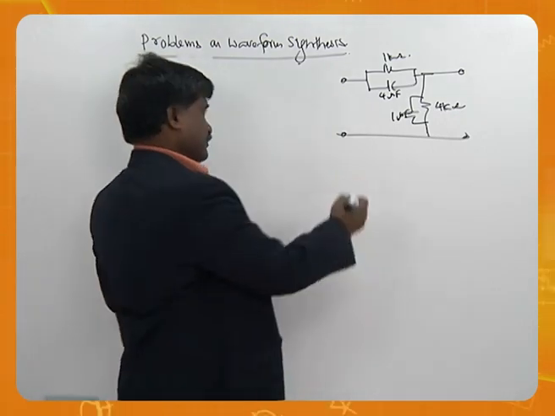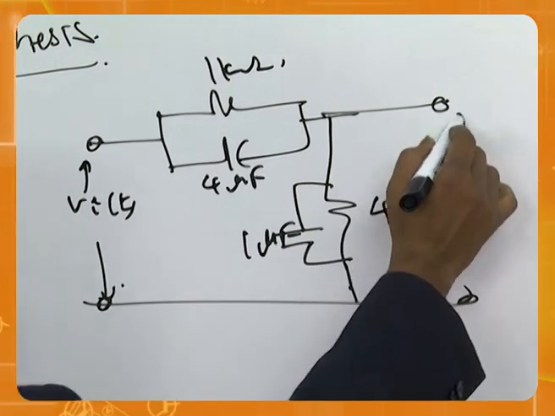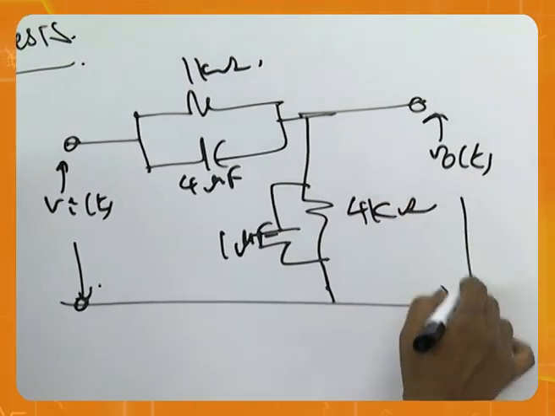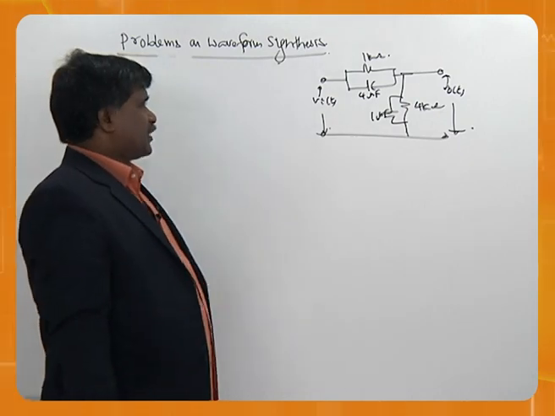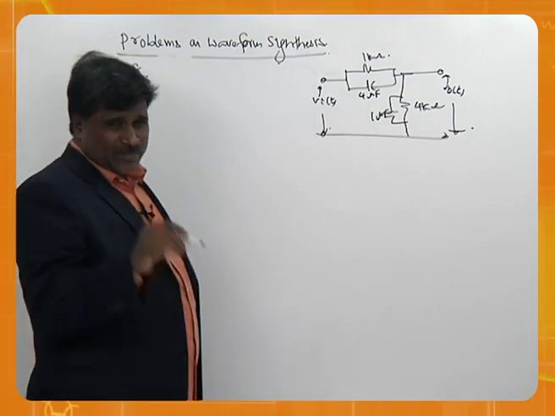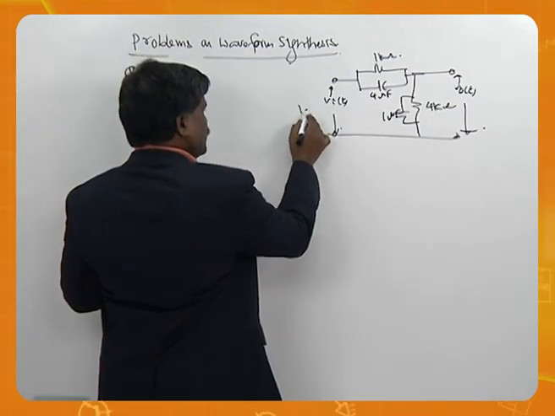Very funny, reversed. That means Vi of t over here, V naught of t over here. Understand? Very simple problem. But as I have been telling, again input is 10 into ut.